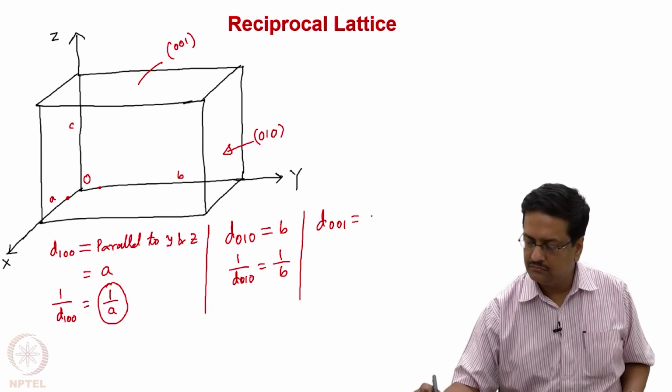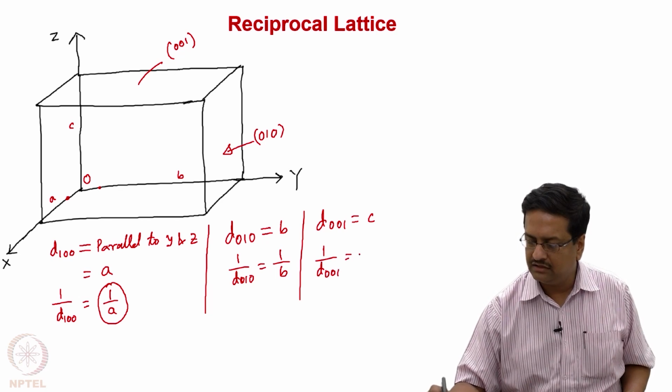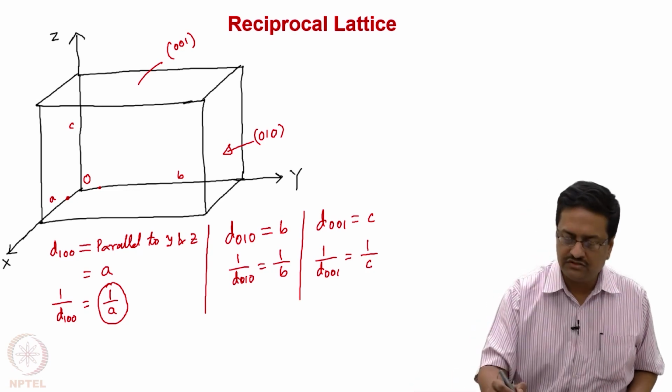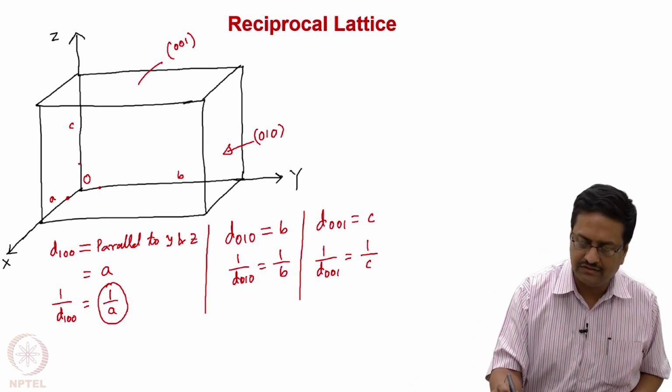So this is equal to C. So 1 by D001 is nothing but 1 by C. So we chop it at a distance 1 by C.